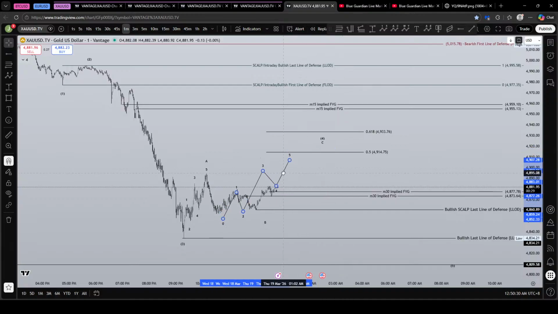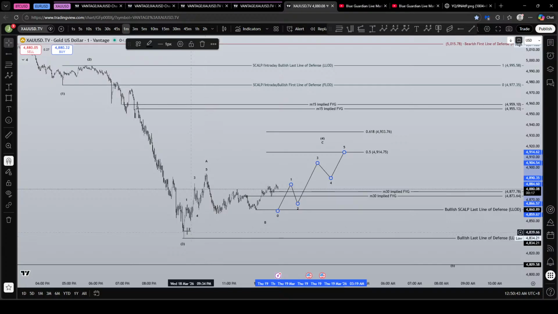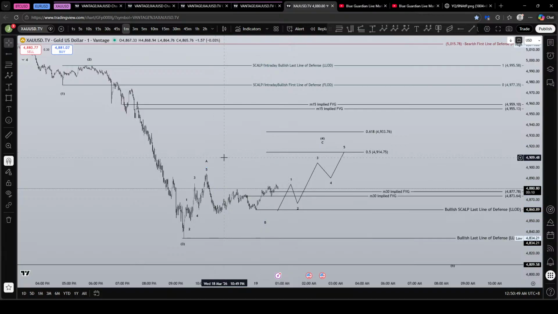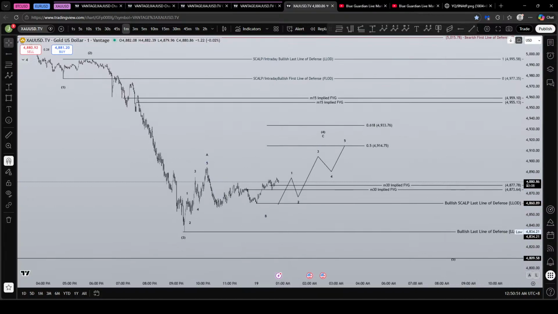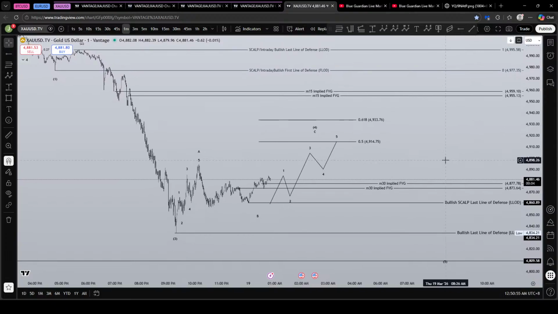So this can start from here, or this can start from here, depending on where the impulsive wave 3 will happen. But basically, if the first wave is composed of 5 waves for wave A, wave C must be composed of 5 waves as well.